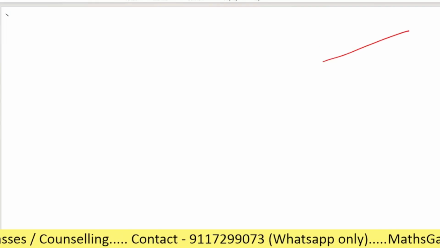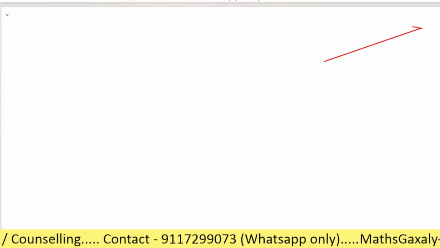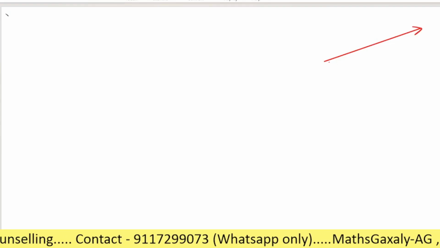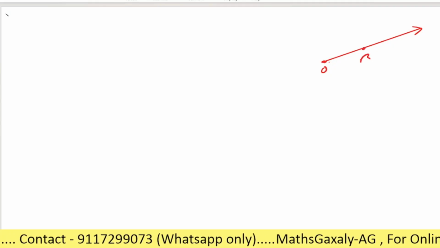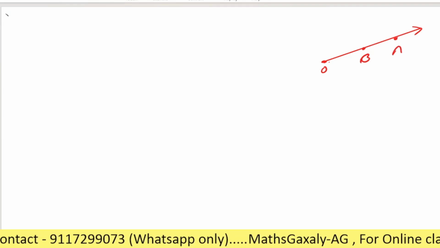Here it is given like this. Here is the point O. Here is the point B, and here is the point A, right?